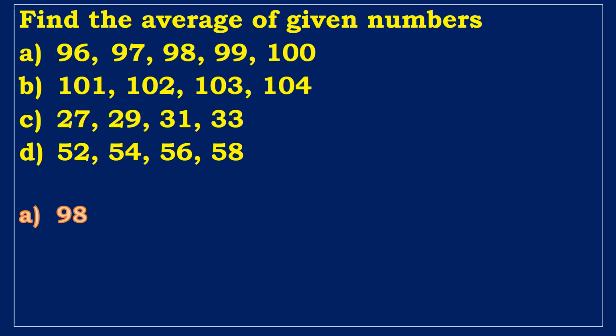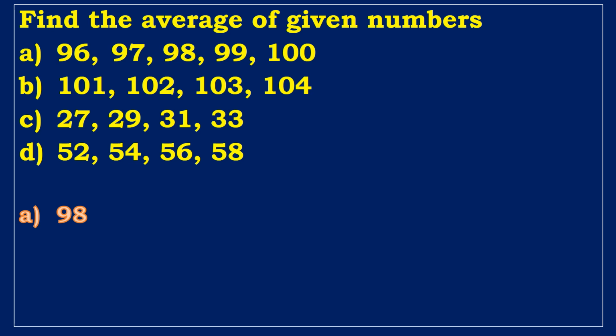Now, let us find the average of the given consecutive numbers 101, 102, 103, 104. Since the set of numbers you provided has 4 numbers, which is even, there are 2 middle numbers, which are 102 and 103.